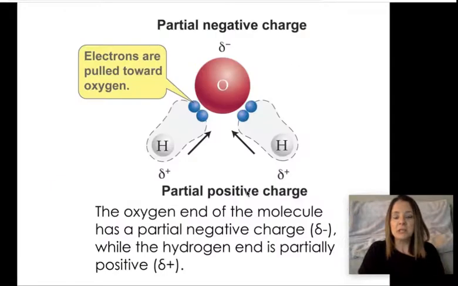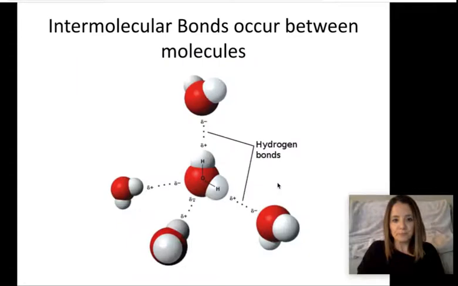When we have polar, remember there's an unequal sharing of electrons, because one of the atoms is more electronegative. It likes to have the shared pair of electrons closer to it most of the time, giving a region of the molecule a partial negative or a partial positive charge.